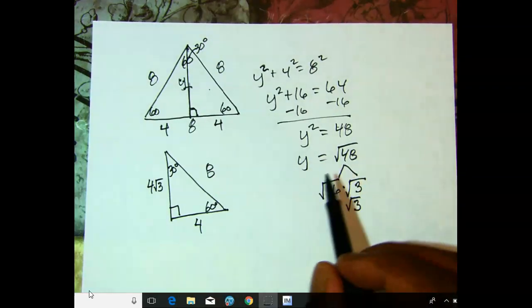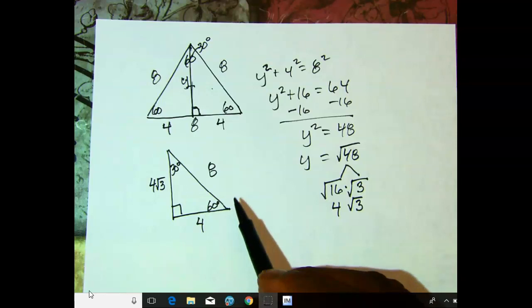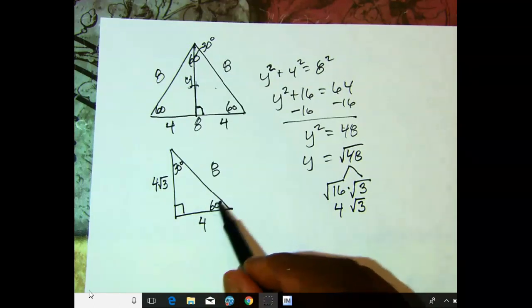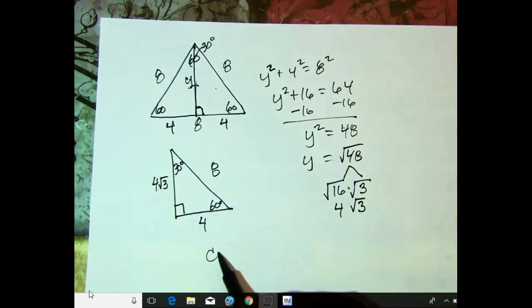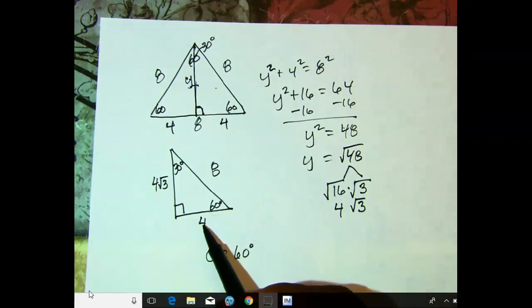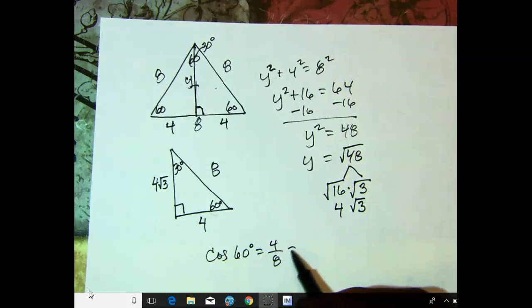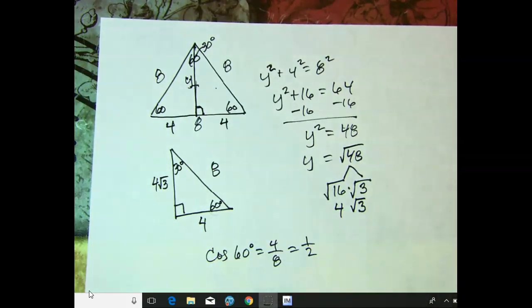So, again, from the unit circle, we said cosine of 60 degrees is 1/2, sine of 60 degrees is root 3 over 2. So let's try that. So here's our 60-degree angle. Cosine of 60 degrees is adjacent divided by hypotenuse. So that's going to be 4 divided by 8, which is 1/2.